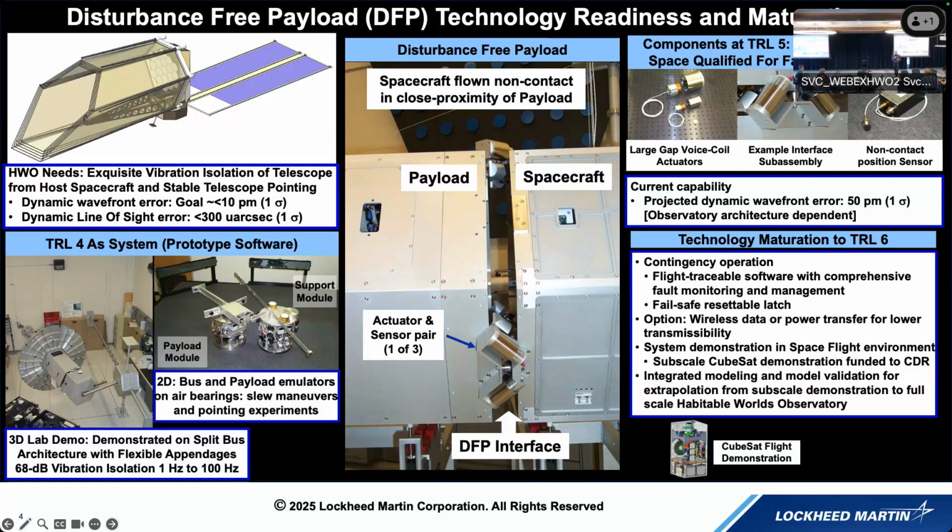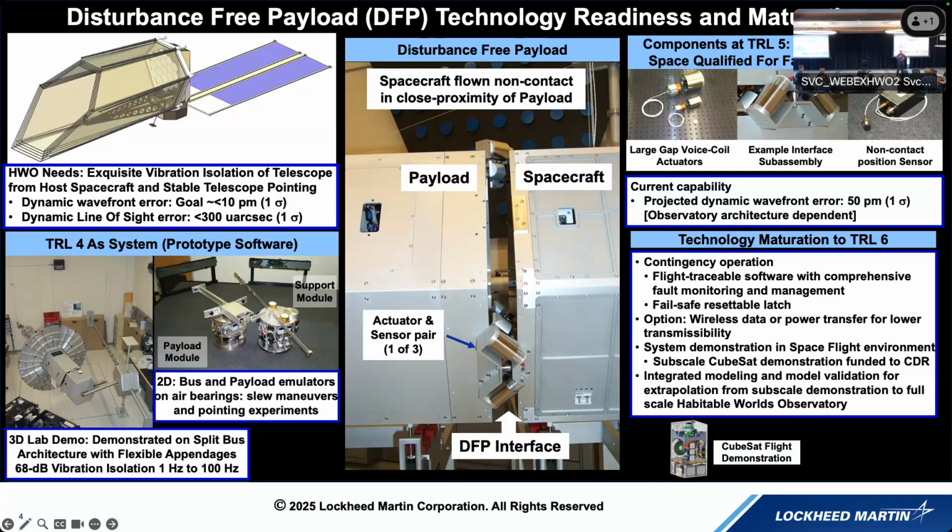That is implemented in such a way that when we apply forces to reposition the payload relative to the spacecraft, we don't impart a moment about the center of mass of the payload and disturb the attitude in the process.